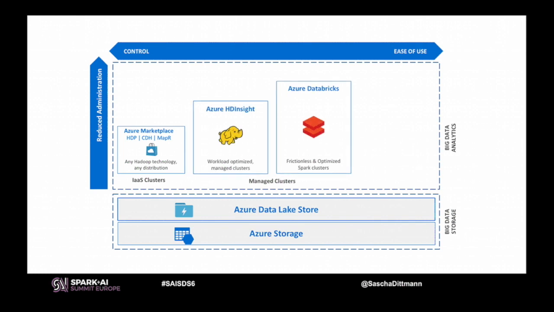One is HD Insight, which is purely the Hortonworks Hadoop distribution, and of course, for that, also integrating with Spark as a workload. But you still have much control over it. You lose a little bit of control due to the management, but there are still VMs, you can still connect to them, and you can still work with them.